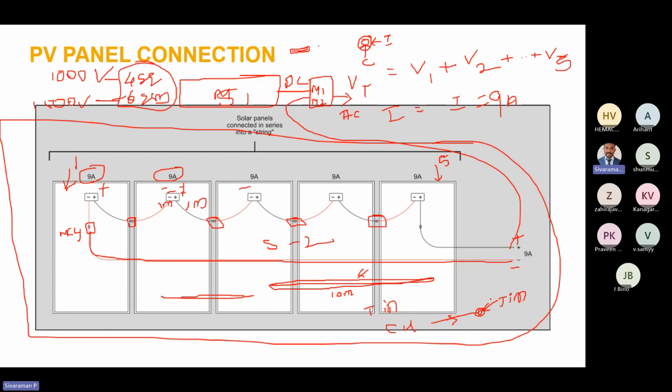Normally we call this type of cable a tin coated copper cable. Why? To achieve higher current carrying capacity. Compared to copper, tin has higher conductivity, so it can carry a higher amount of current in a lesser cable size. So most of the cables are tin coated copper cables, right?